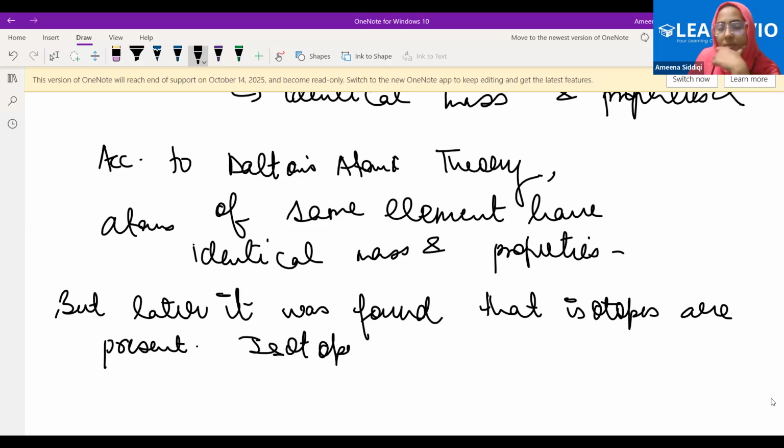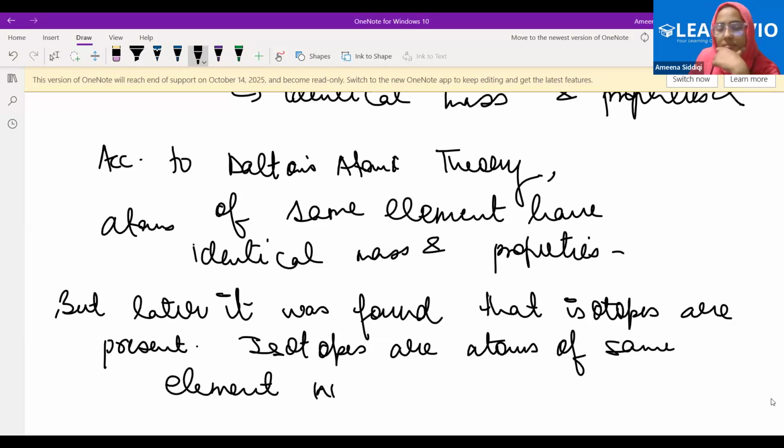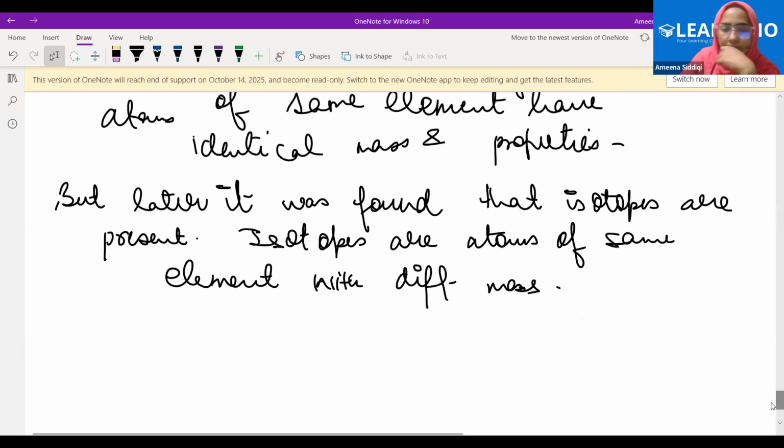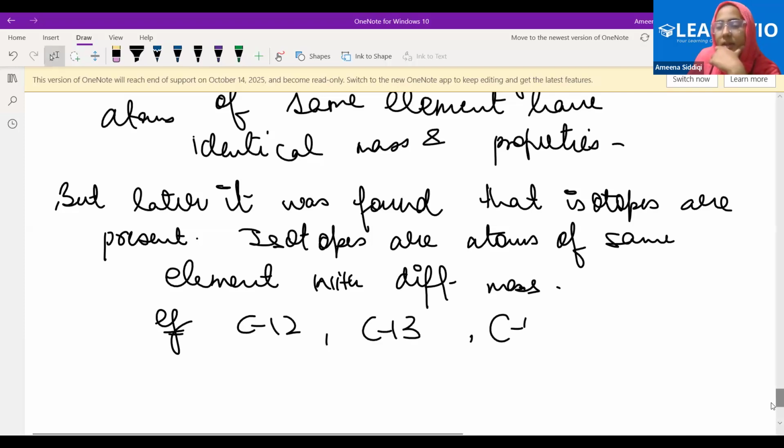Isotopes are atoms of the same element with different mass. Example, carbon 12, carbon 13, carbon 14. Therefore, this was a drawback.